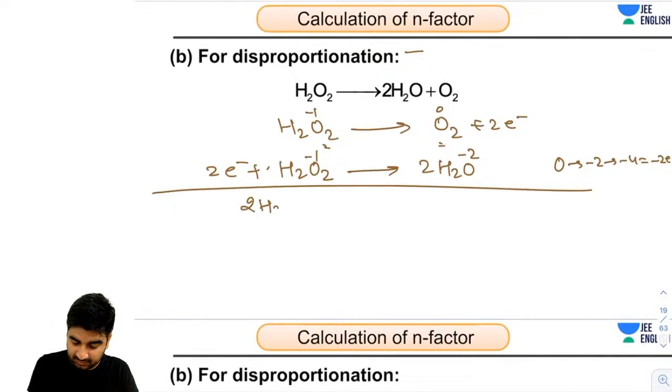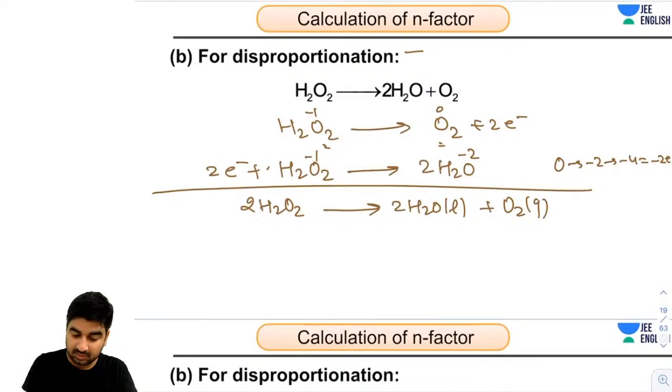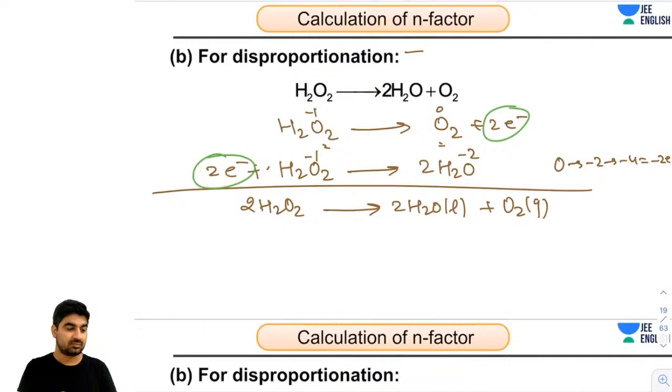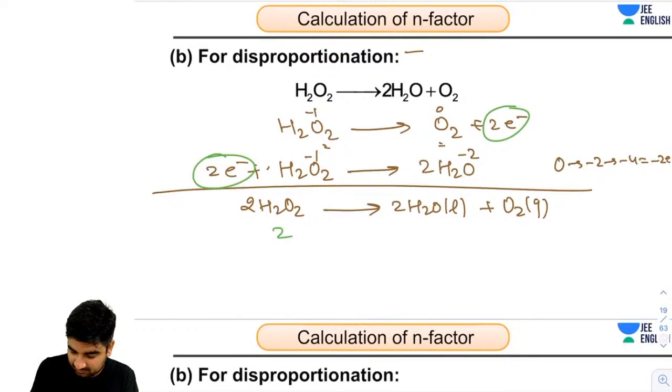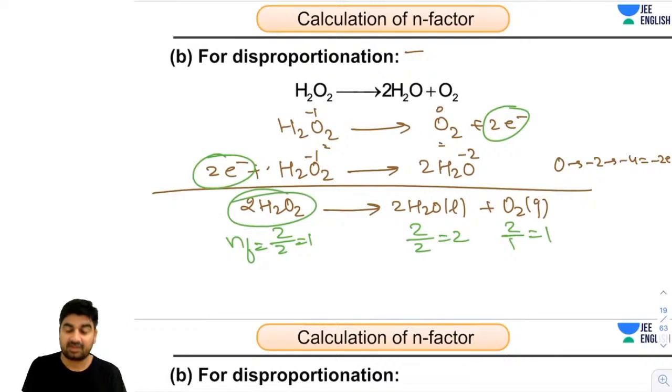So you will be getting plus O2, right? And how many electrons are cancelling out? Tell me, how many electrons are cancelling out? Yes. So there are two electrons, guys. So n factor for H2O2 is 1 when it is undergoing disproportionation.